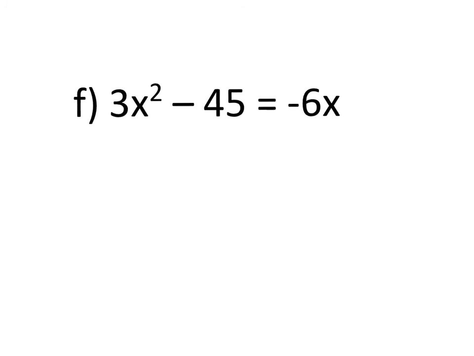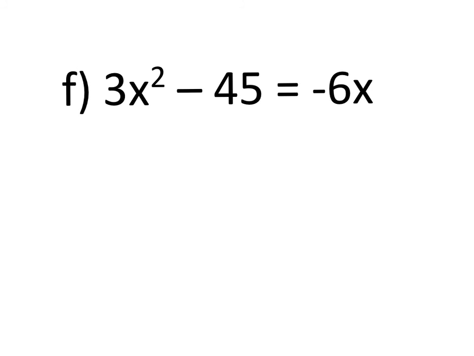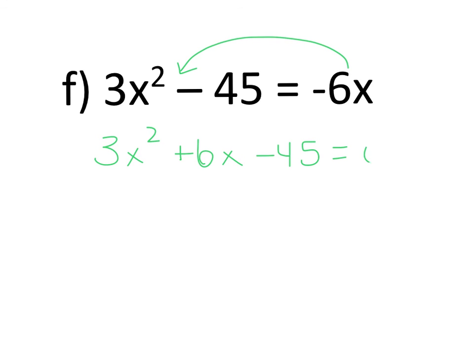Okay. All right, so on this guy, again, we have to make sure it's in standard form and set it equal to 0. So I'm going to move this 6 over into the middle here. So I've got 3x squared plus 6x minus 45 equals 0. Now, in this case, I actually have a GCF I need to pull.